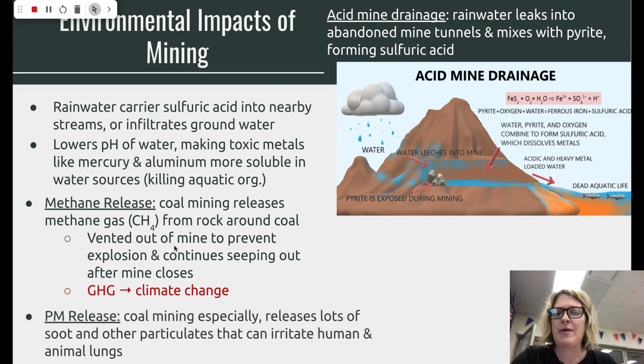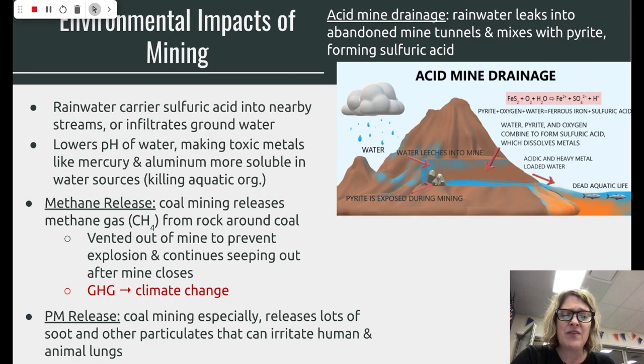Other environmental impacts of mining include particulate matter being released into the atmosphere, like we already have talked about with other agricultural practices as well. But in coal mining especially, there's a lot of soot and dirt that gets released and lots of other particulates that can irritate both human and animal lungs.